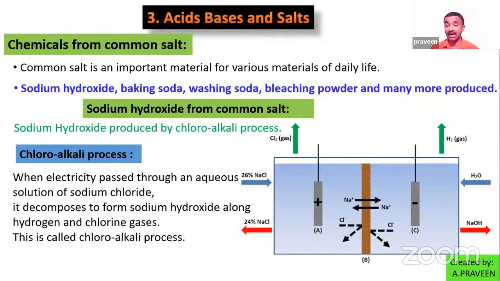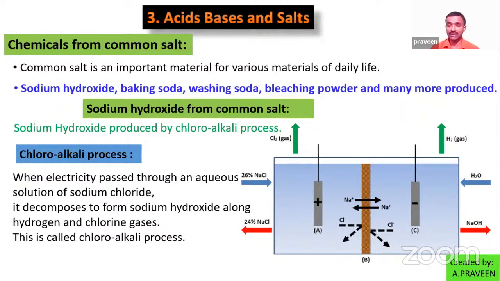At the anode, what are we collecting? Chlorine gas. At the cathode, they are collecting hydrogen gas. The liquid that remains in the container is sodium hydroxide solution, called alkali.